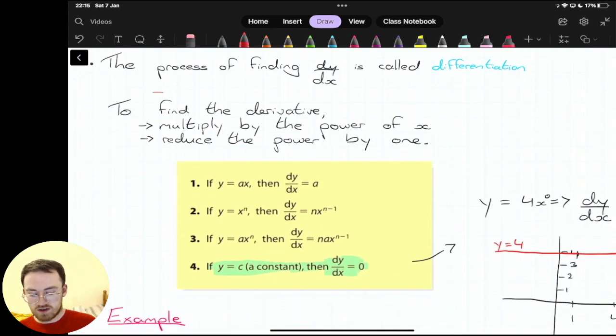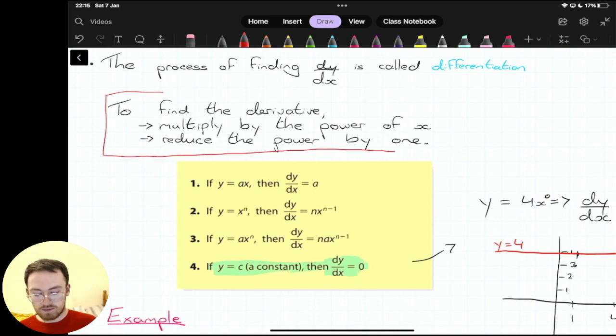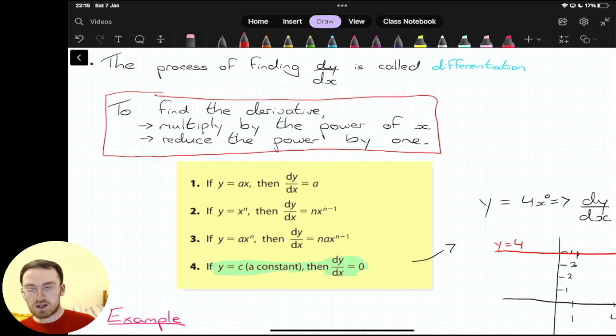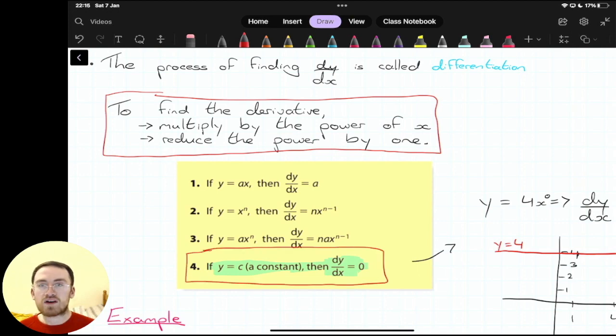So this main rule here, multiply by the power, reduce the power by 1, not forgetting this extra step here. If we have a constant, the derivative is equal to 0. If we can keep all of these straight in our head, then we'll be able to follow through with a lot of these questions fairly easily.